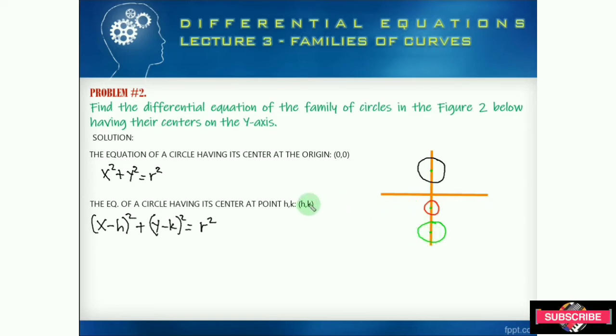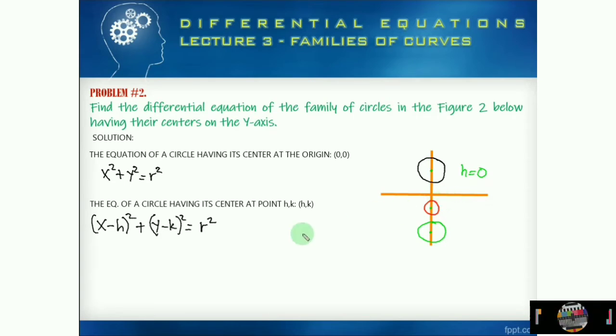So what equation are we going to use? Okay, so based on this one, for a circle having its center at point (h, k), our h now is referring to the value of x actually. But in this case, since their centers are located on the y-axis, our h is simply equal now to 0.